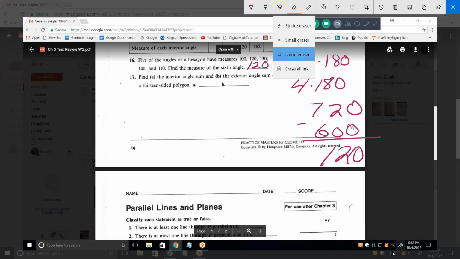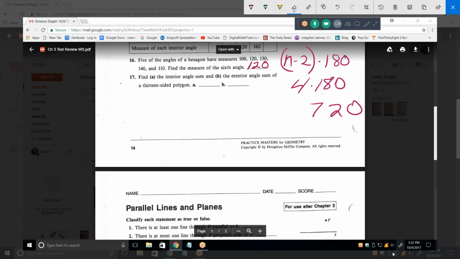Well, which formula are we plugging it into? The n minus 2. Okay, what do you get when you plug 13 in for n? 1,980. 1,180? 980.